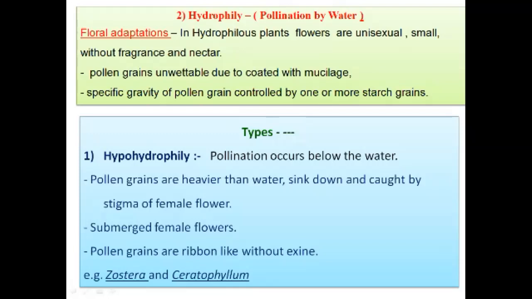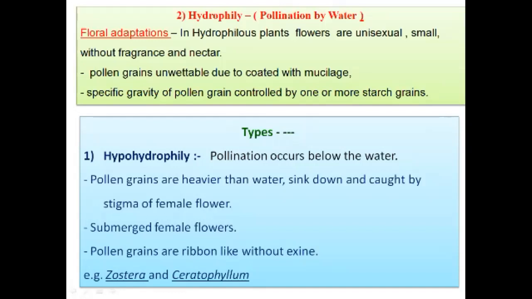Therefore, they sink down and are caught by the stigma of the female flower. Submerged female flowers occur. Pollen grains are ribbon-like without exine. So exine is absent in this pollen grain, and this pollen grain reaches the stigma of a female flower and pollination takes place.